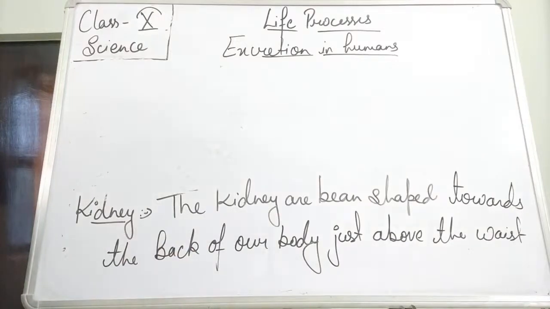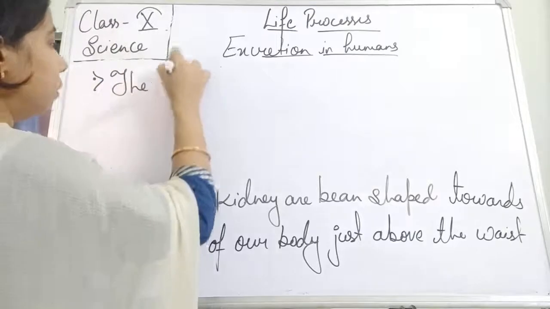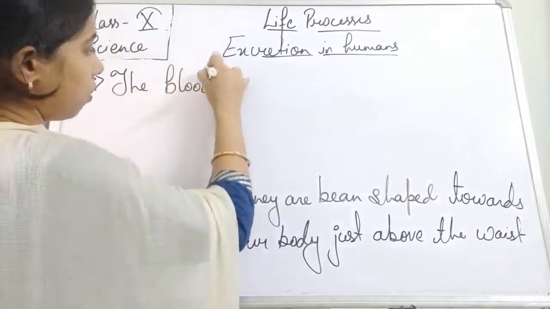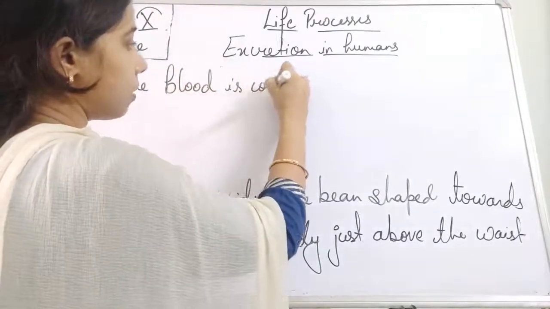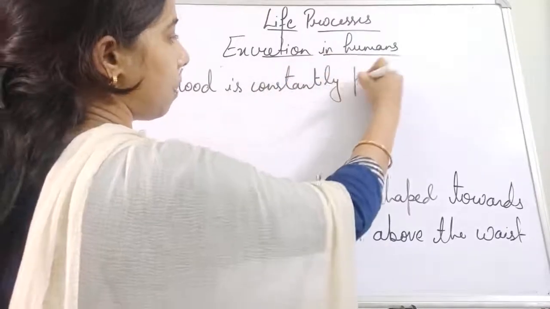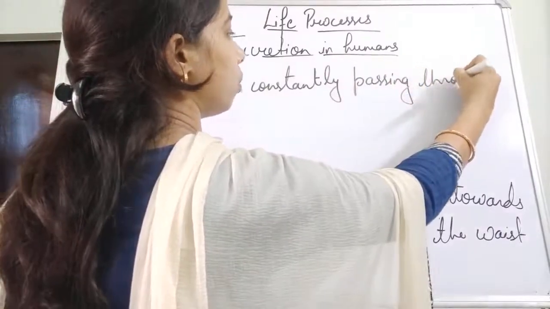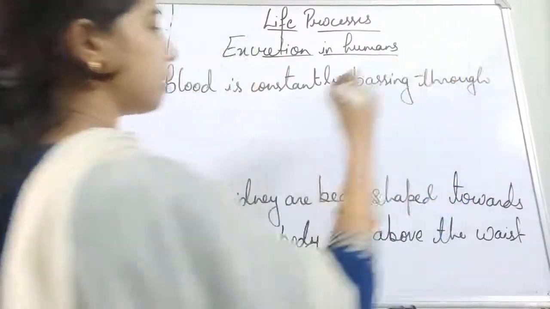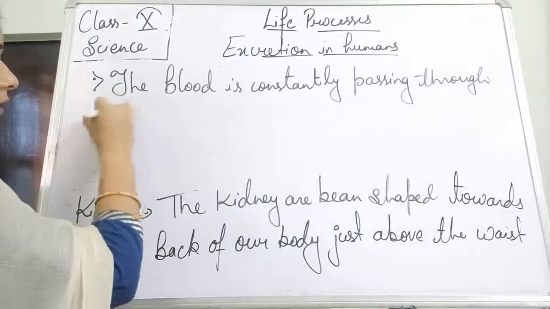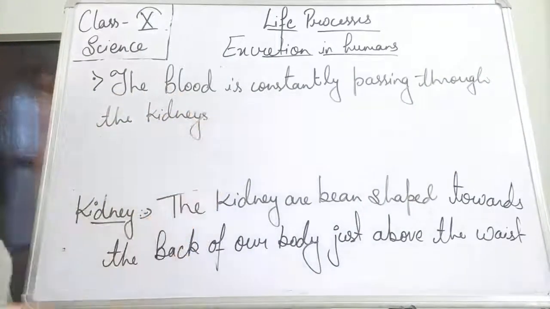So we can understand that blood gets purified with the help of the kidney. The blood is constantly passing through our kidneys.